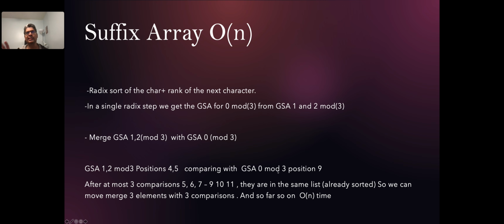Two different lists that know how to compare mod 3. Like I know here how to compare 4 and 5, and in this one I know how to compare 9, and then 12. But these two different lists have different information, so I have to merge them.